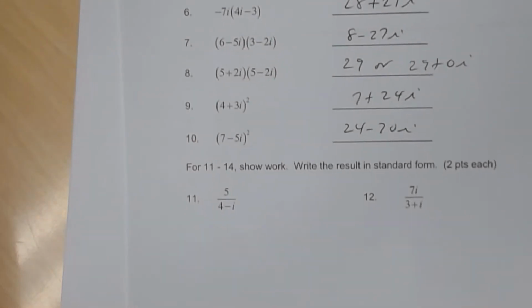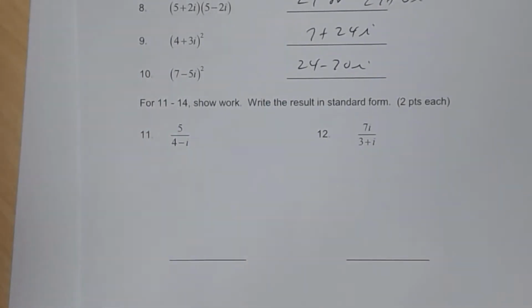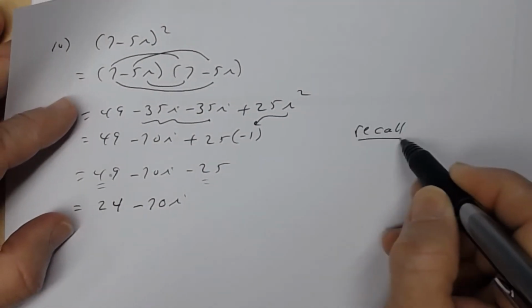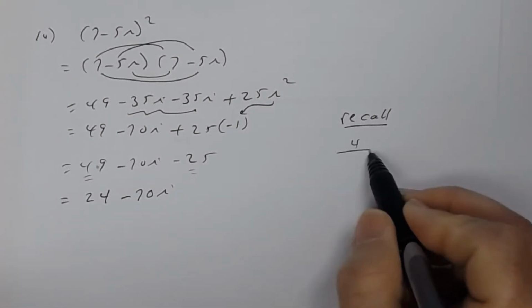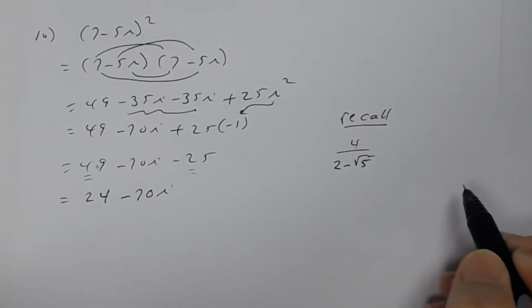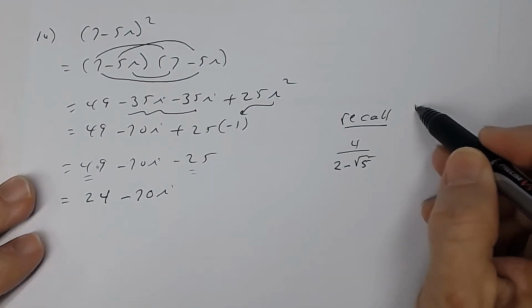Okay, now number 11 and 12, you're dividing. So you're going to have to use the idea of conjugates there. So recall in a previous course that if you had, let's say, 4 divided by 2 minus the square root of 5, what you had to do here was rationalize the denominator.